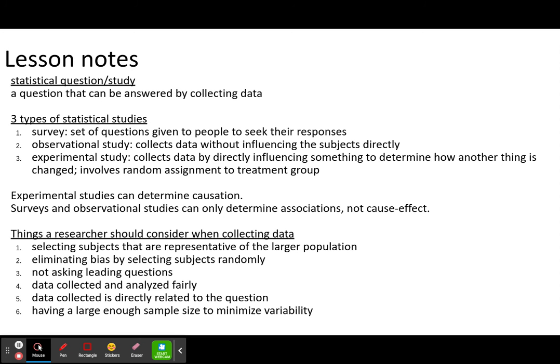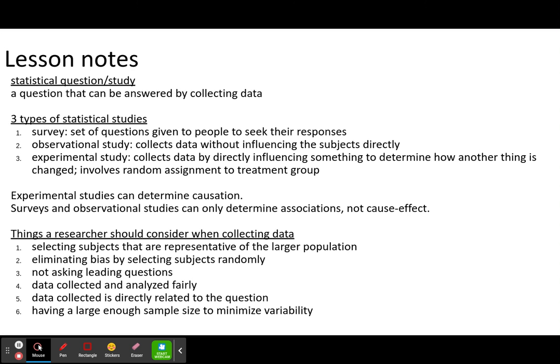It involves random assignment to a treatment group. So if you're comparing two different medicines, say, and you have your participants, you have to assign them randomly to whatever group that they're going to be in, in order to make the results less biased.